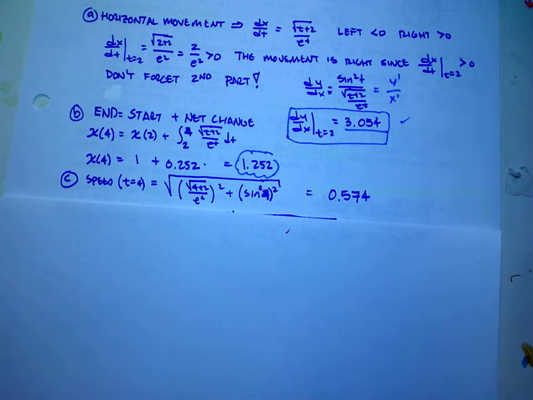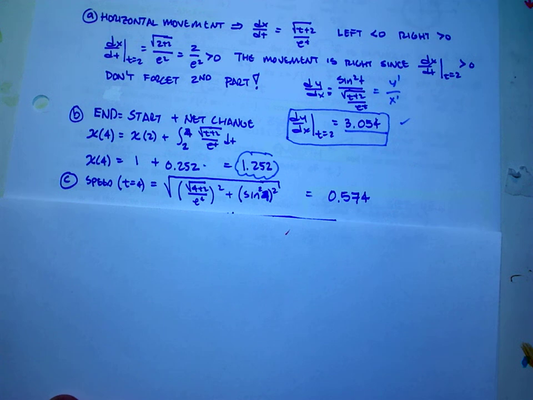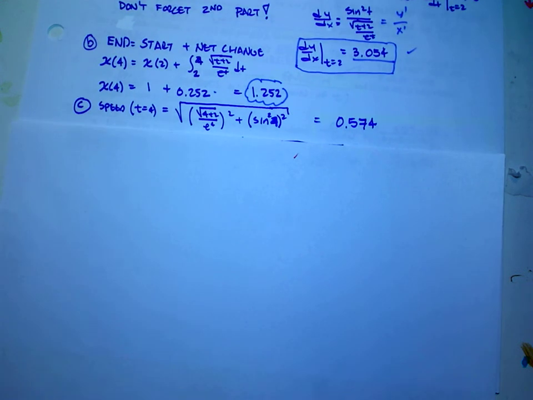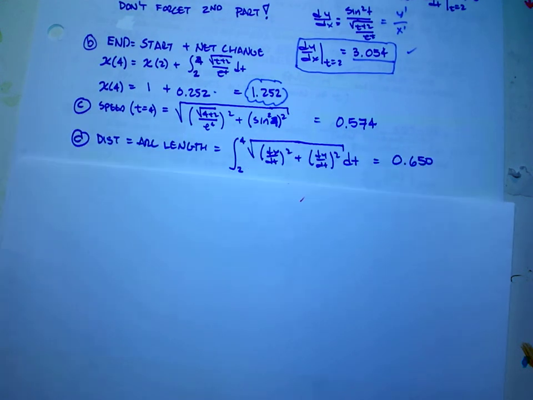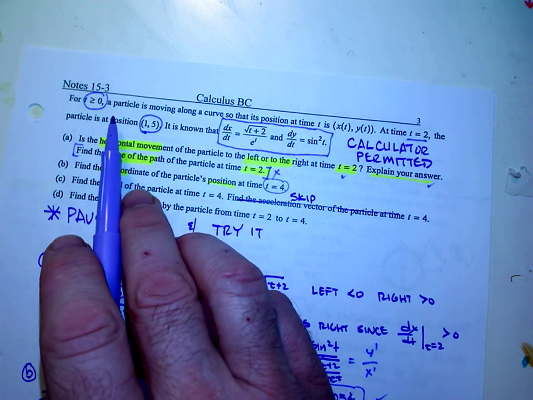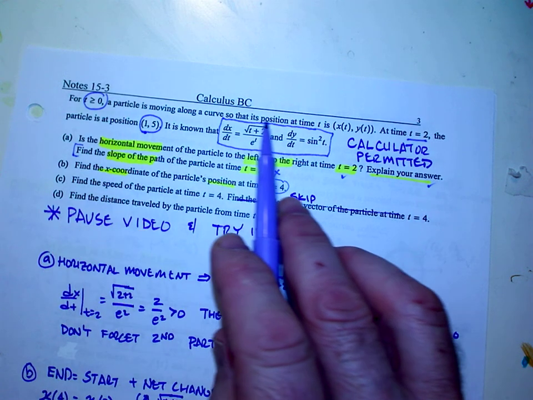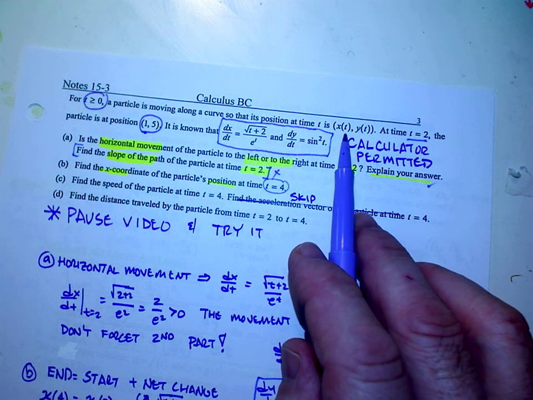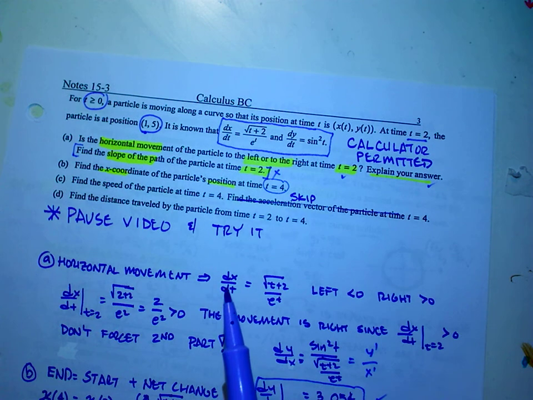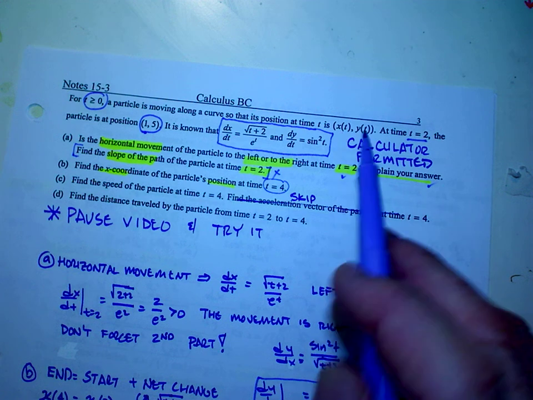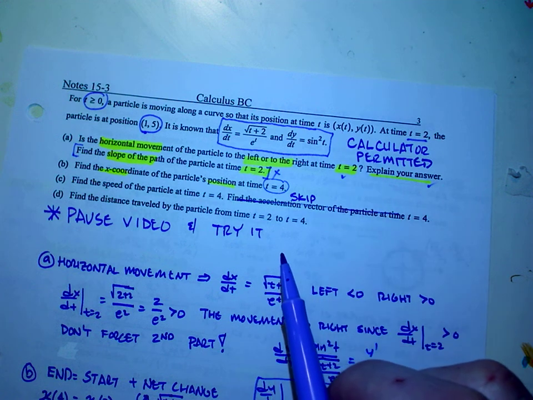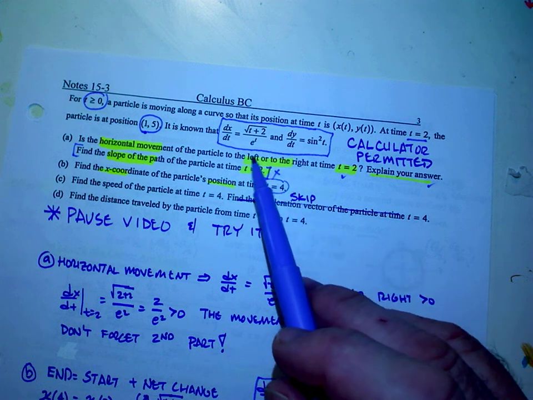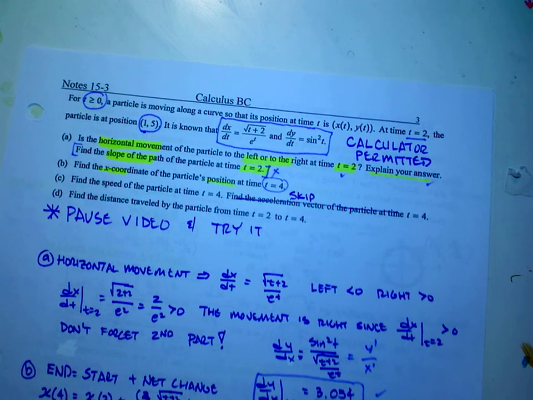Our last part of this one is, again, just right out of our notes today, the distance traveled by the particle. Now again, I do want to point out to you a particle is moving along a curve, so at any position it's given by this. So we must assume that it is a nice smooth curve based upon we have x and y values. There's no limitations to that. We're not going to be repeating any of this.